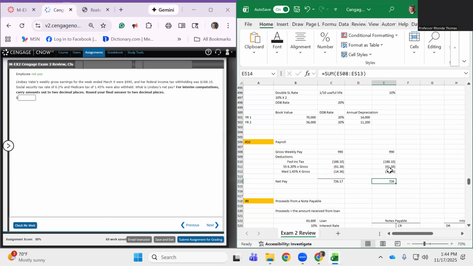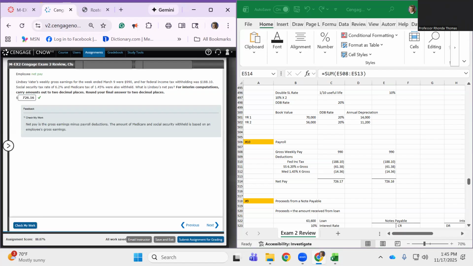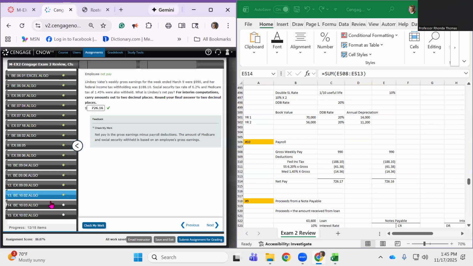Okay, I got 726.16. Yep. When you key it, it's different than when you take it times. So there's got to be a rounding feature, but I just don't have time to look it up. All right, so if you get something like that and you do it in Excel, make sure you just key it in to see what it turns out to be.